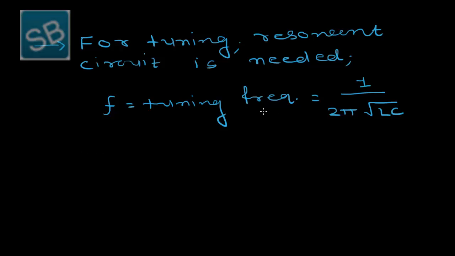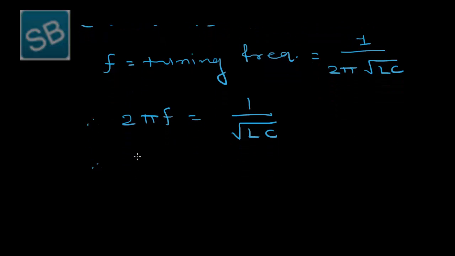Now I am rearranging this equation. 2 pi f is equal to 1 over under root of LC. Therefore, squaring on both sides, we will get 4 pi square f square is equal to 1 over LC.